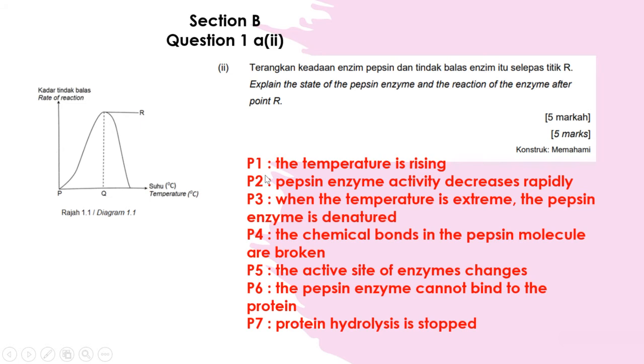Alright, so the suggested answer here, point number 1: the temperature is rising, increased. So the pepsin enzyme activity decreases rapidly. The reaction of the pepsin enzyme decreases rapidly. When the temperature is extreme, referring to a temperature more than 60 degrees Celsius, the pepsin enzyme is denatured.